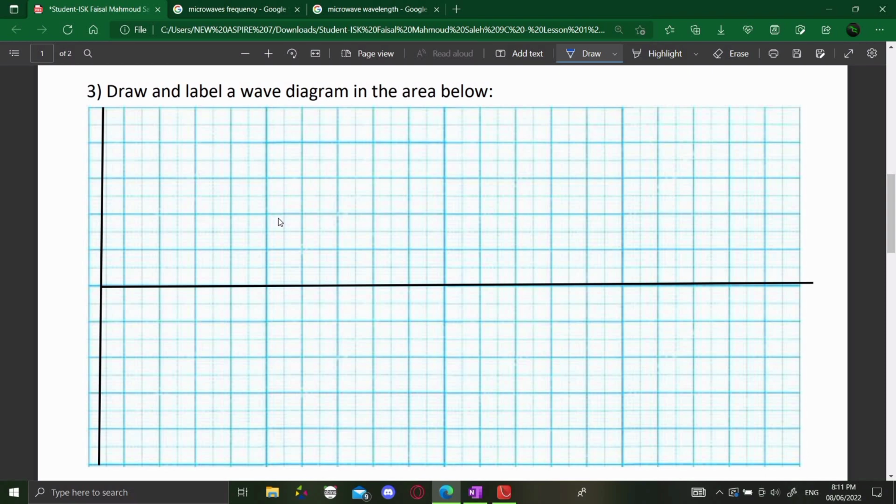And a typical wave might look something like this. Actually, let me draw that better. Okay, one last attempt.